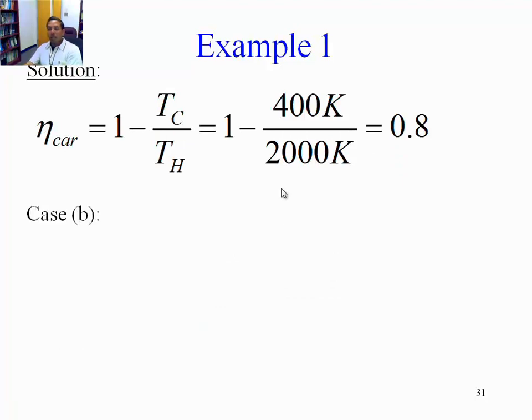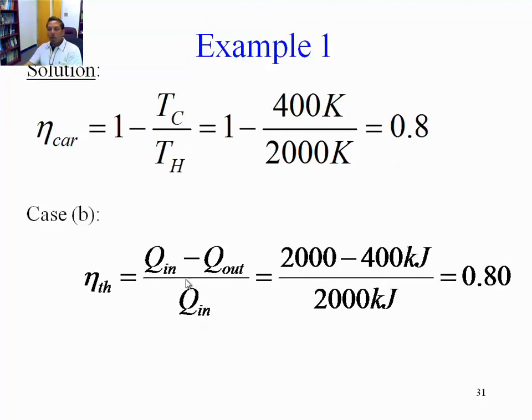Then, in case B, we're given Qin and Qout. We're told that the energy extraction from the hot temperature reservoir is 2,000 kilojoules, and the energy rejection to the cold temperature reservoir is 400 kilojoules. That yields an efficiency of, well, remember that the efficiency is work net divided by Qin, and work net is Qin minus Qout, that's 1,600, 2,000 minus 400, divided by 2,000 yields an efficiency of 0.8.